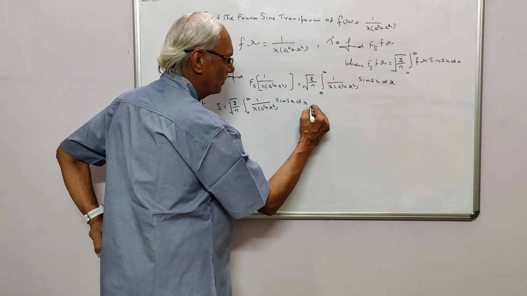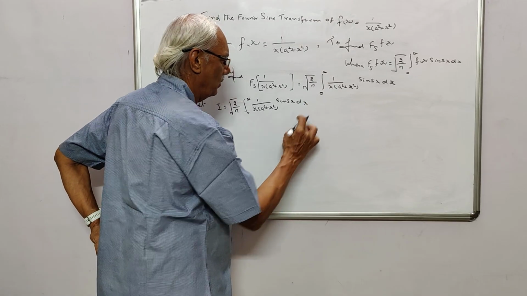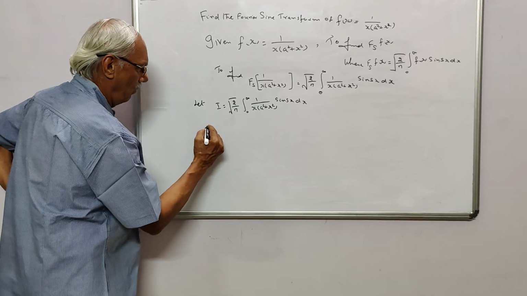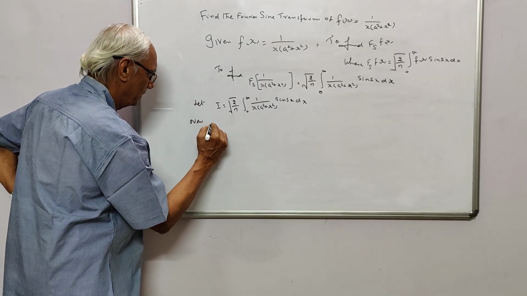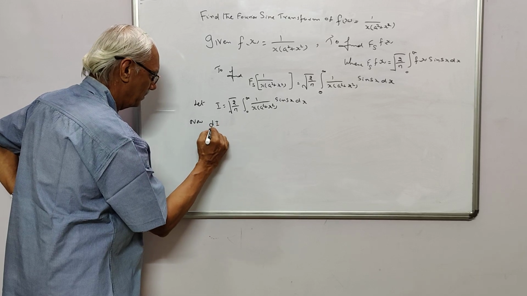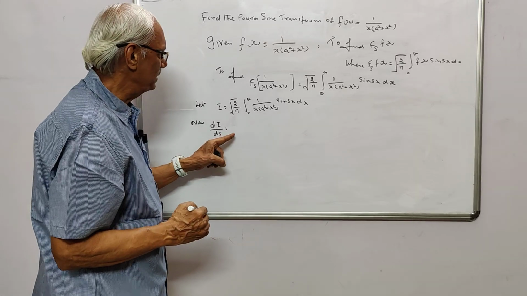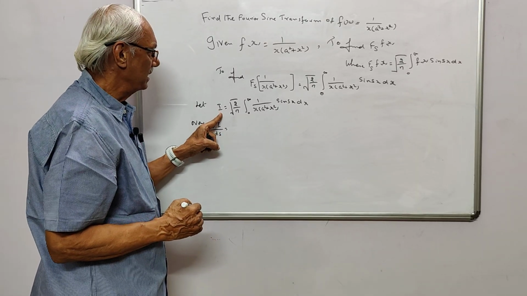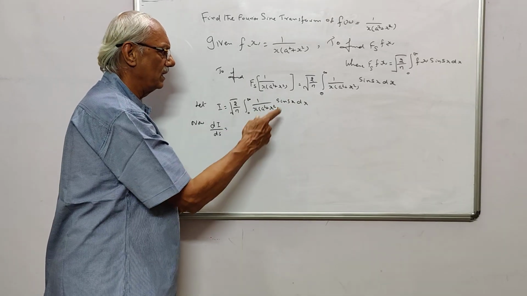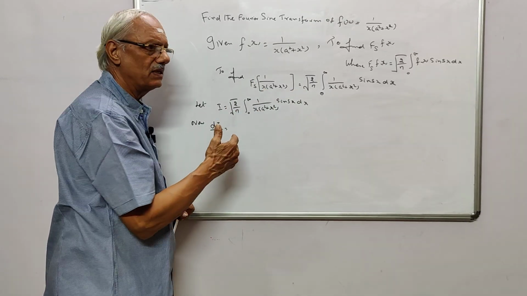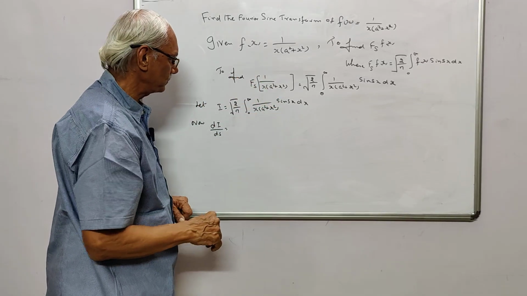Now, dI by ds means you are going to differentiate this, and know that if I is equal to something, if you evaluate this integral, it will be a function of s.